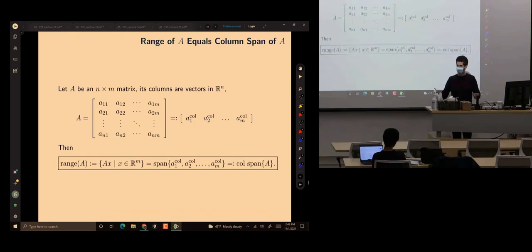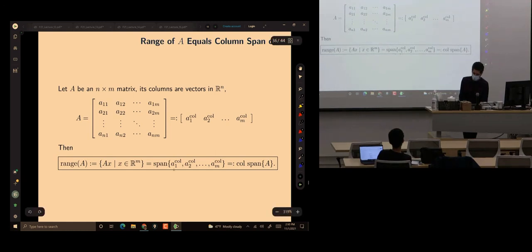So range of A is nothing but the column span of A. Pick the columns of your matrix, right? The span of these columns, assuming they don't have to be linearly independent, because then the span will be basically smaller. So the column span of A is in fact equal to range of A.